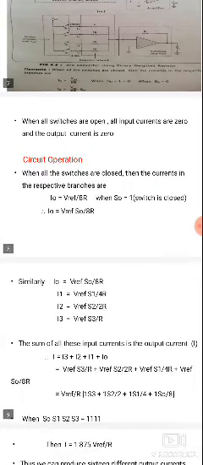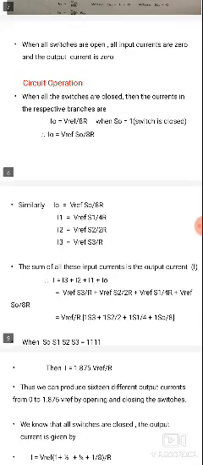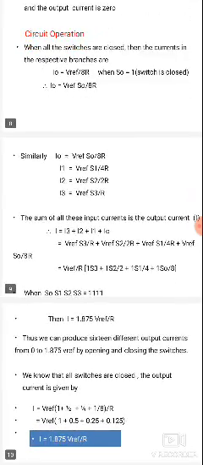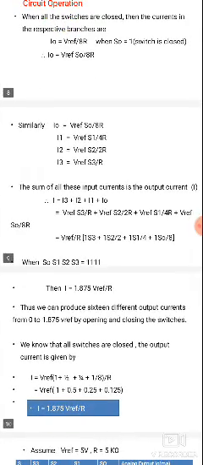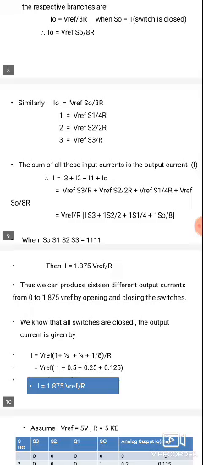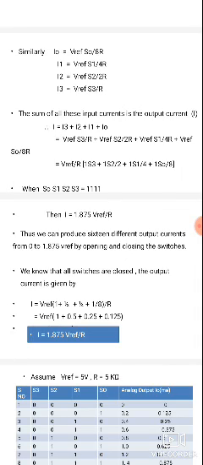Similarly we get I1, I2, I3, and the total current I equals I0 plus I1 plus I2 plus I3. Substituting the values, we get the final current value. Here we are taking 16 possible conditions, which depend on the 4 binary inputs. By closing and opening the switches, we get 16 possible outputs.